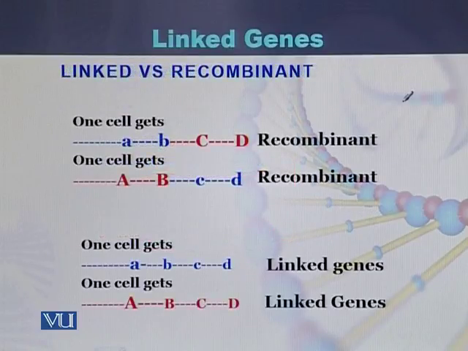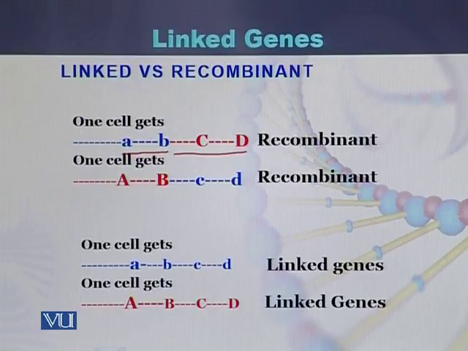To further understand the phenomenon, what is the meaning of linked and recombinant? In case of recombinant, we can see that AB was exchanged with the chromatid of the second homologous. AB has become C and D, which was on the other chromatid of the other homologous chromosome.